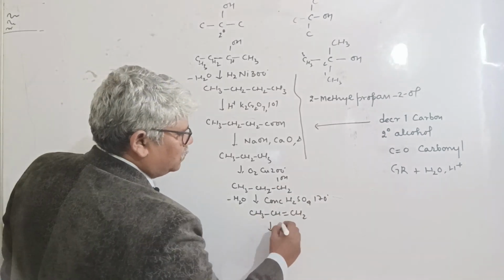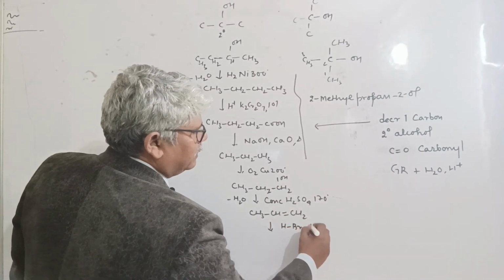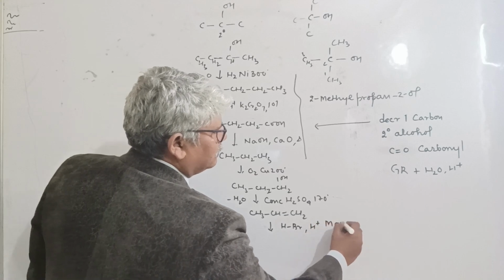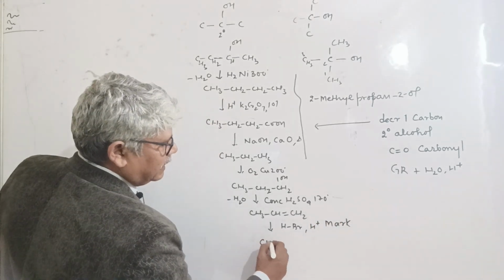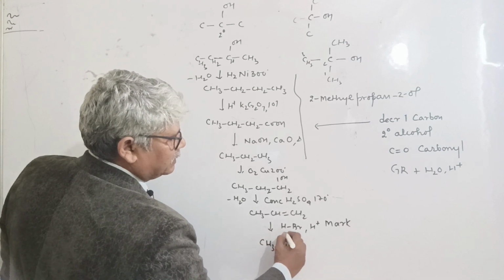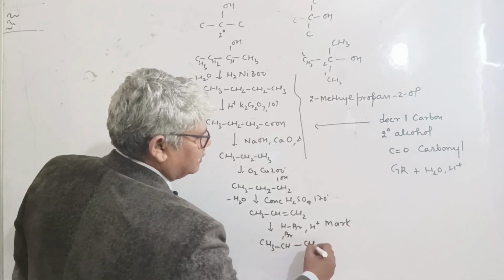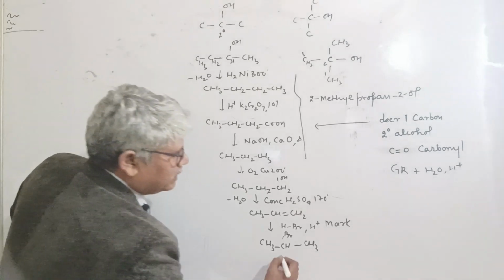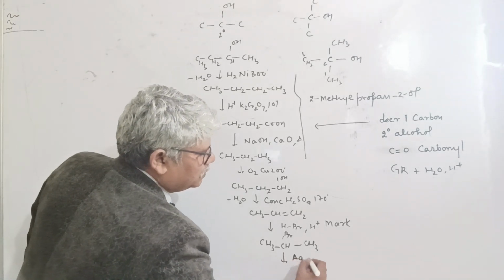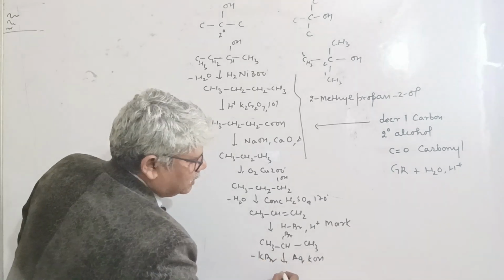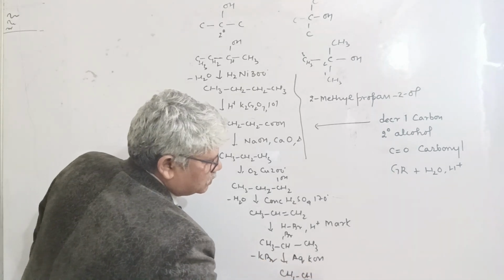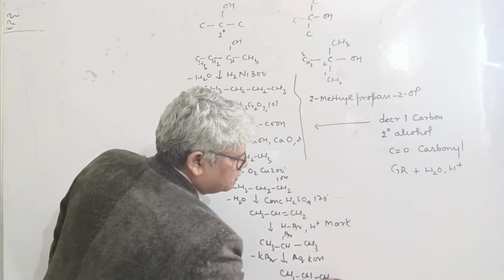Convert propene to halide in terms of Markovnikov rule, which we discussed in the previous video. It changes to secondary halide. Now the secondary halide can be converted to secondary alcohol by aqueous KOH.